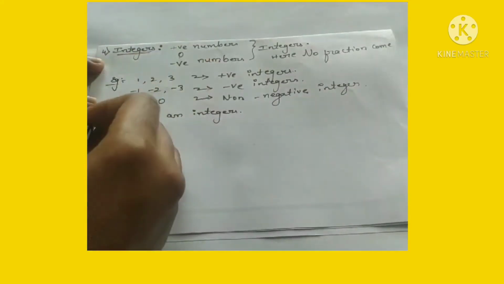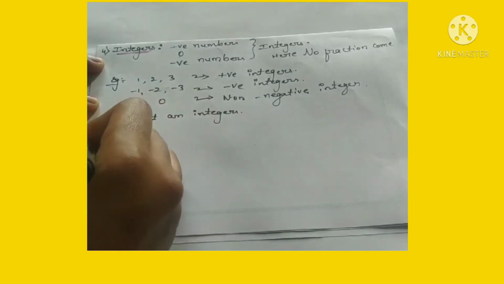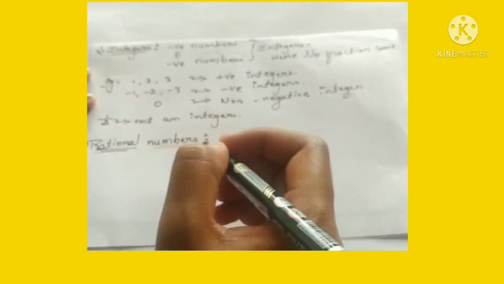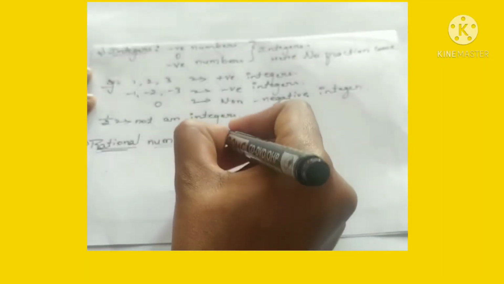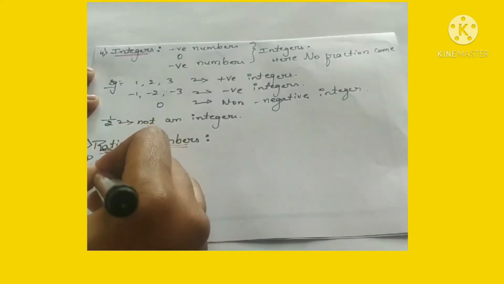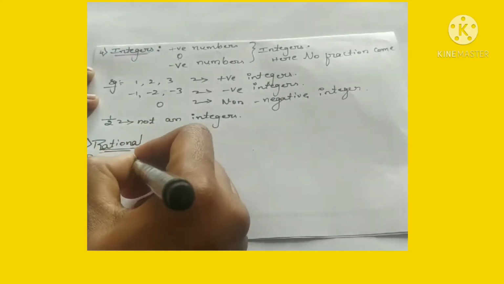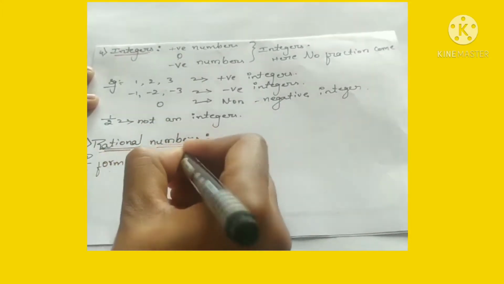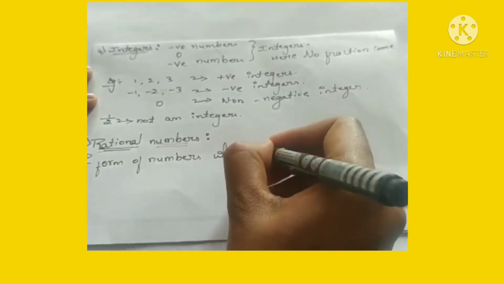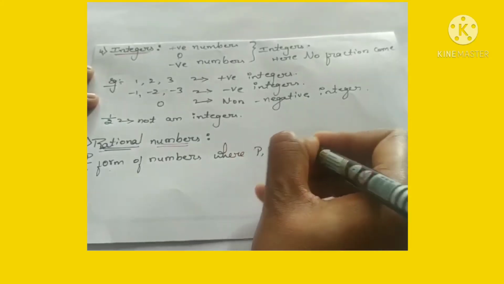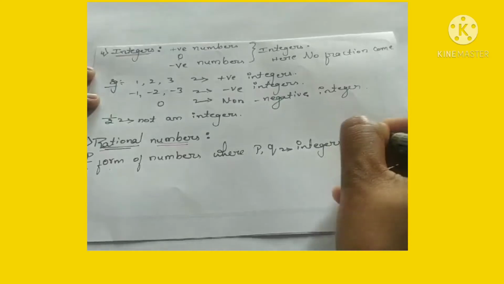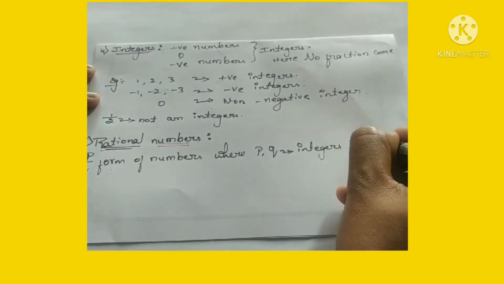Next we move on to the rational numbers. Rational numbers means numbers in P by Q form, where P and Q are integers and Q is not equal to 0.